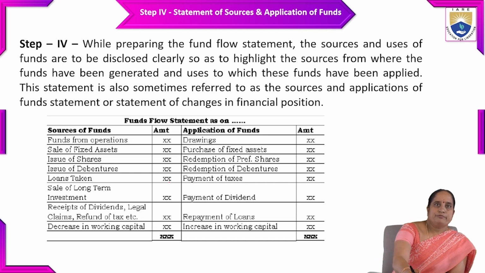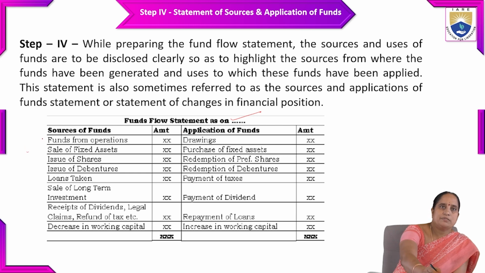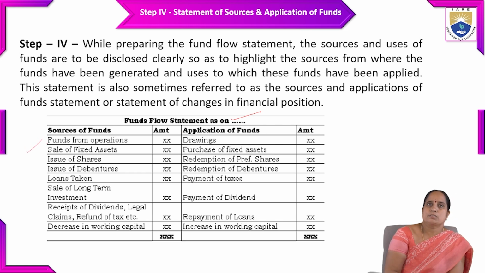So the format of this funds flow statement is like this: funds flow statement as on so and so date we have to mention, then on the left side write down the sources of funds, whereas on the right hand side the application of funds.